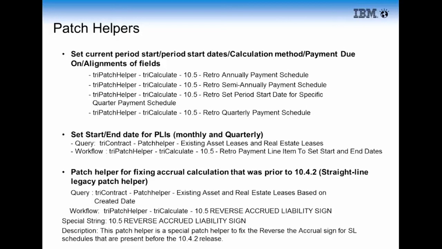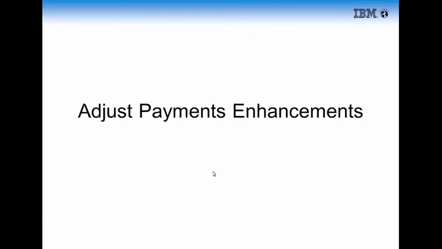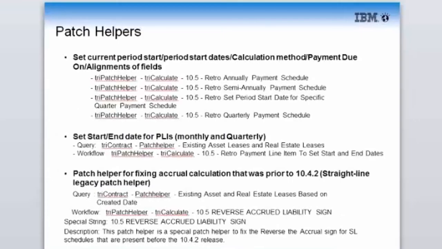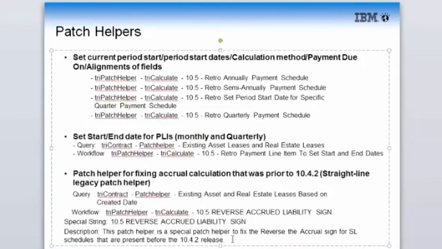All this patch helper does is reverse the sign of the liability field, like the description says. It reverses the sign of the accrued liability field and the lease liability field, which is nothing but, let me just show you.